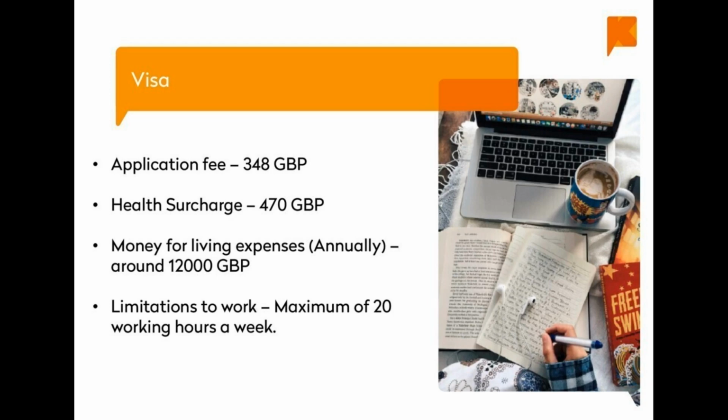If you're not too sure if you would have those 10,000 to show in your account, the rule, I think, in general is to show something between 10 and 12,000 pounds in your bank account that has been there for the last 30 days. So this means that if you're having or getting some money and you can show that for 30 days it was there, that should completely meet the requirement, okay?